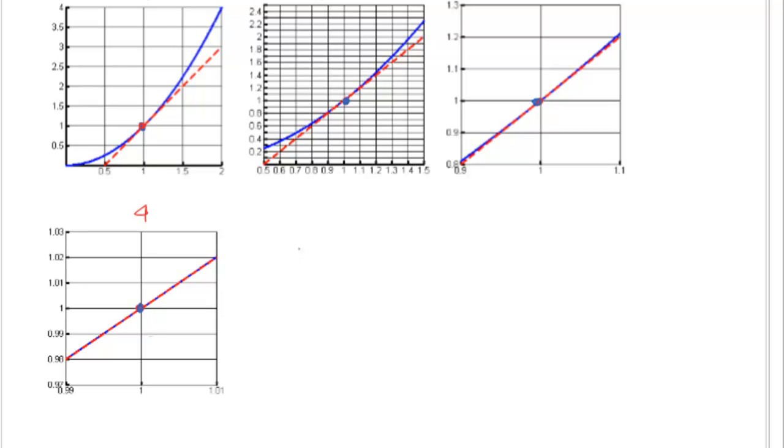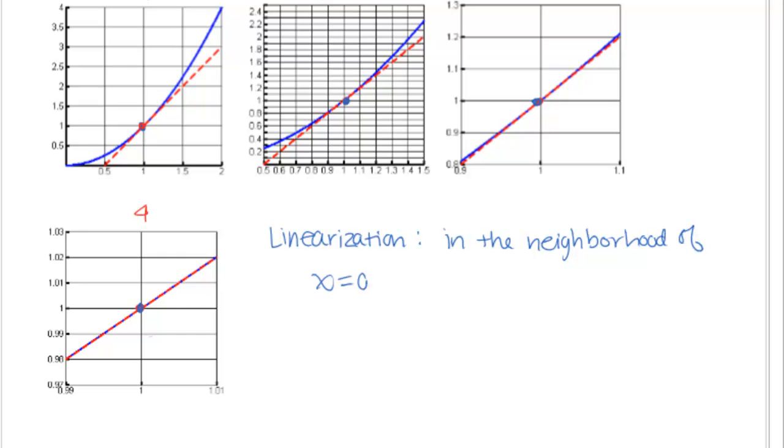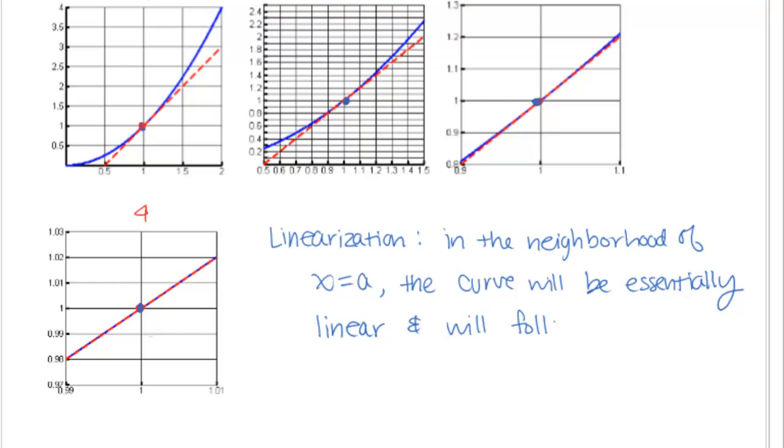What we'll see is that the local linearization states that in the neighborhood of x equal to a, the curve will be essentially, and I'm just going to say essentially because it's not exactly linear, and will follow the graph of the tangent line. So that's essentially the concept.